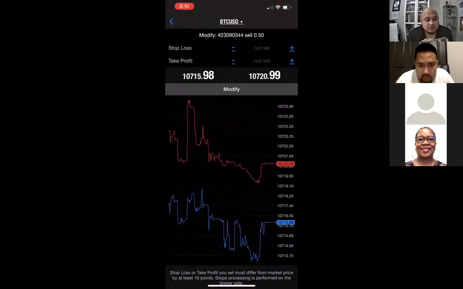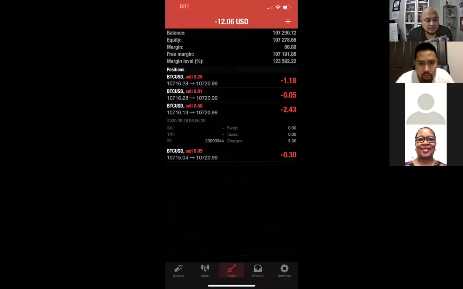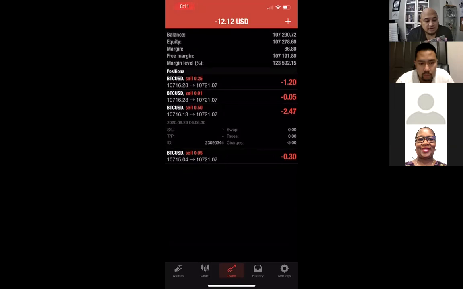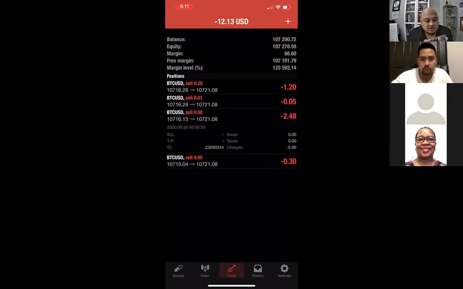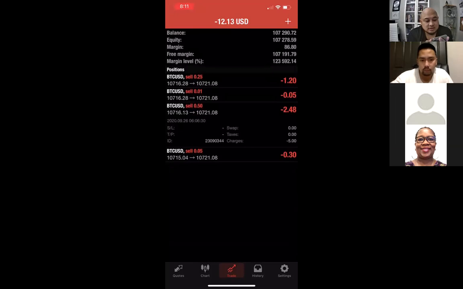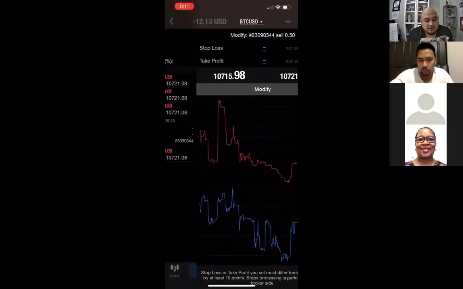Now, you have to kind of toggle back and forth because you want to remember where you actually entered into the market. So let's go back because I forgot. We entered in on the market for that 0.50 at 10,716. That's when we entered. So we modify it.